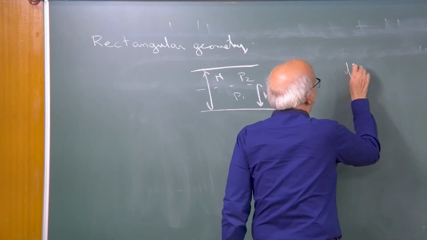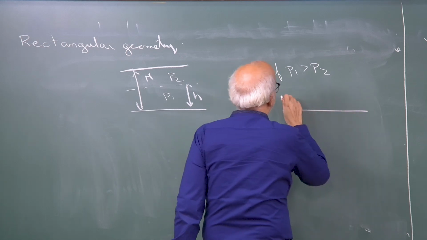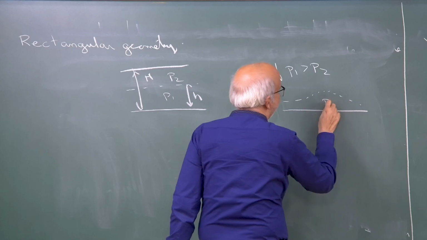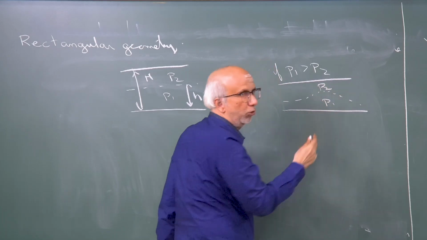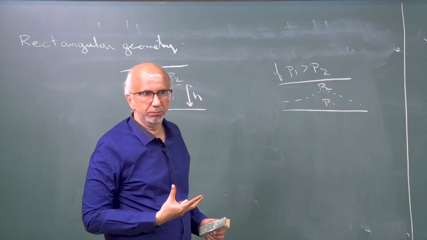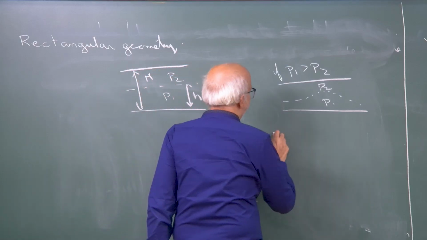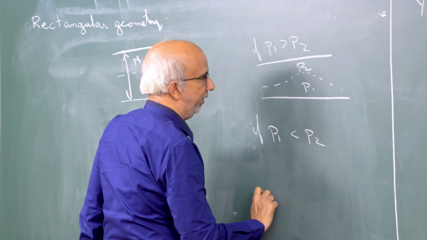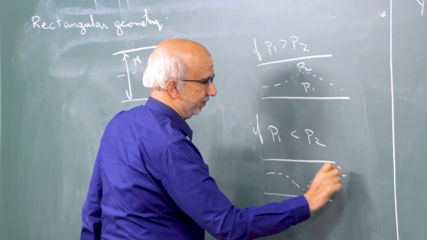Where the pressure is high, the interface will deflect upwards. P2 is low, P1 is high, so it is going to push the interface. And if P1 is less than P2 at a particular point, you would have the opposite situation.